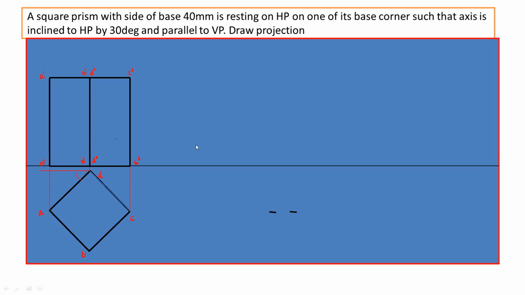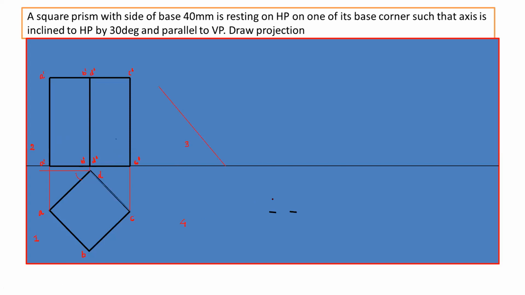Now second stage is, so your drawing sequence. Whenever the solid is resting on the HP, your first step will be this is first, this is second, then this is third, and this is the fourth stage.